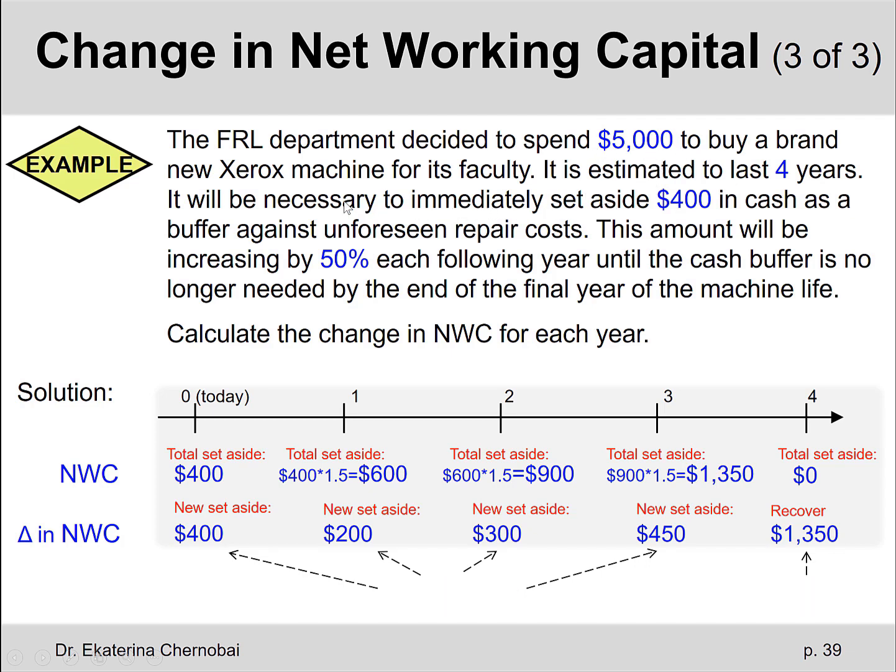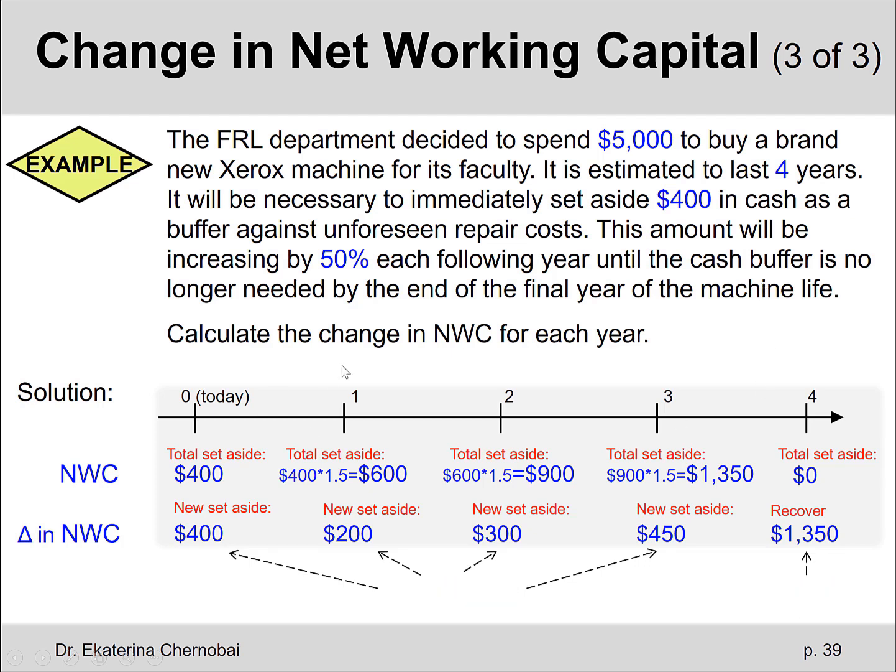Let's say the problem is worded a little bit differently. It will be necessary to immediately set aside $400 in cash, and the amount will be increasing by 50% each following year, period. So if you remove the rest of the sentence, if there is no mentioning of recovering the cash buffer at the end, what would it change?